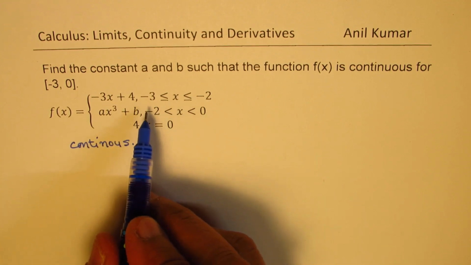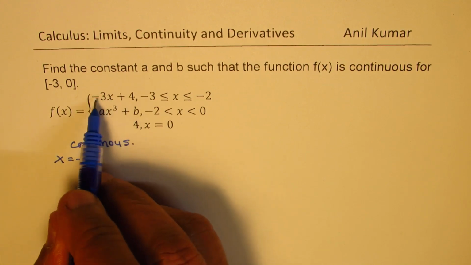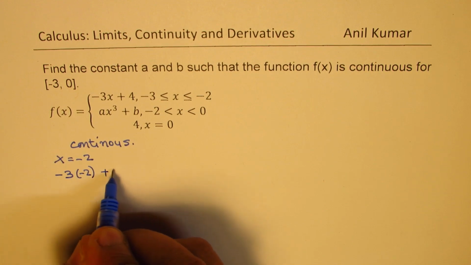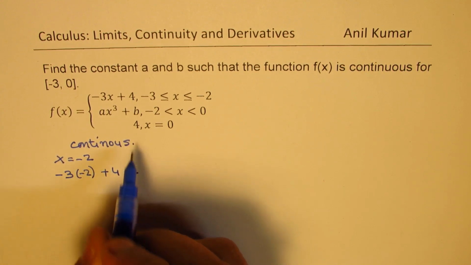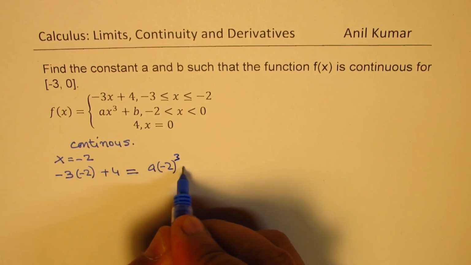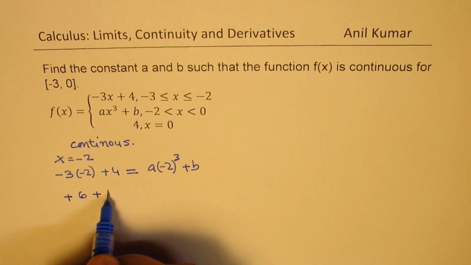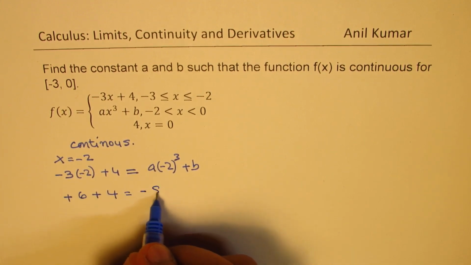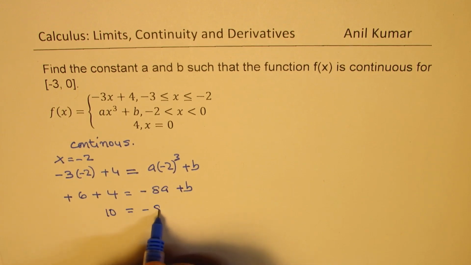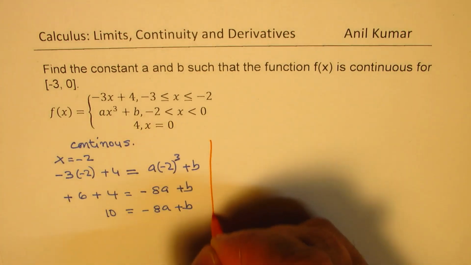So at x equals minus 2, we have minus 3 times minus 2 plus 4 should be equal to, substituting minus 2 here, a times minus 2 cubed plus b. That gives us plus 6 plus 4 equals minus 8a plus b, or 10 equals minus 8a plus b, correct? So we get one condition.